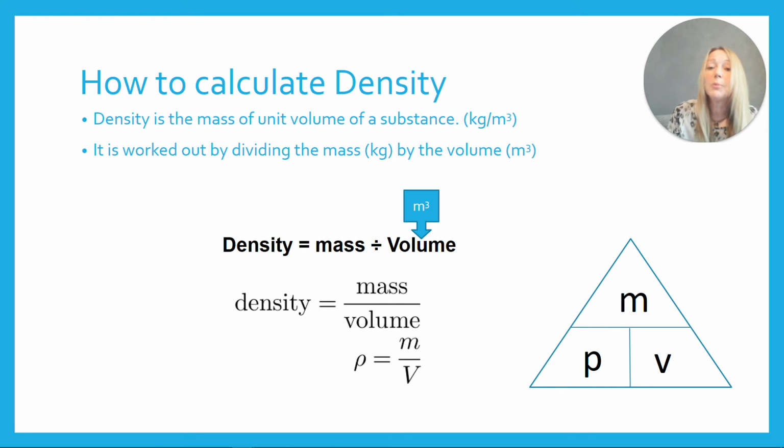But our units are important. Volume is measured in meters cubed. That basically means if we were looking at a solid, we'd be looking at an object where all of the sides were a meter in length, so meter cubed. Mass is measured in kilograms, and so that makes the density kilograms divided by volume, in other words, kilograms per meters cubed.